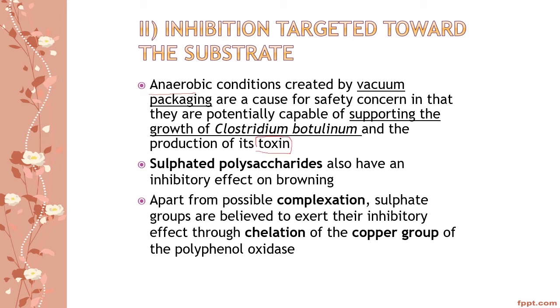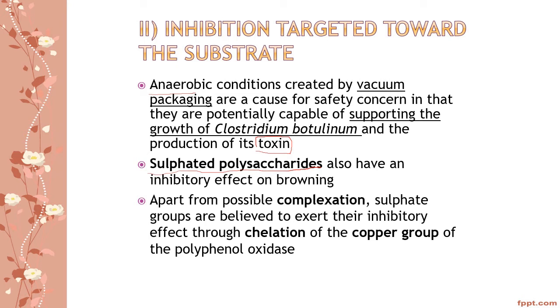We can also add some compound, for example, a sulfated polysaccharide, to have an inhibitory effect on the browning. This sulfated polysaccharide can form a possible complexation through chelation of the copper group of the polyphenol oxidase.